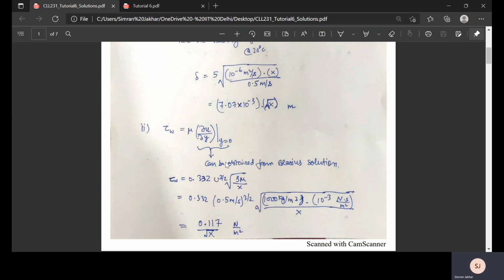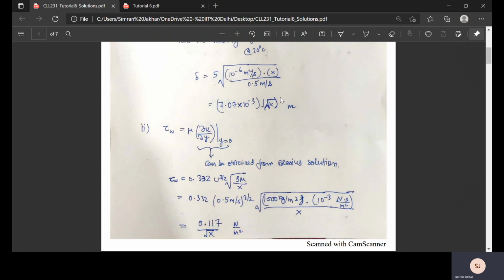We can equate it using the Blasius solution, which is given as a table in the book also, so you can refer to that, and we can find the expression for tau w, which will come out to be 0.332 times free stream velocity raised to power 1.5 times under root rho mu by x. The final expression will come out to be 0.117 by root x Newton per meter square. And the unit of delta will be meter.